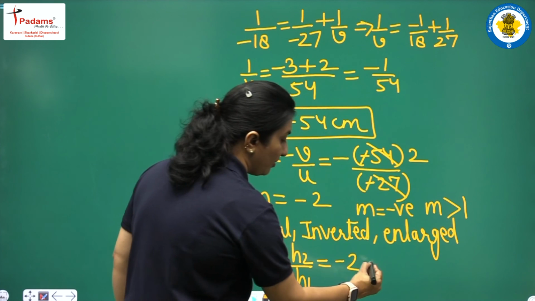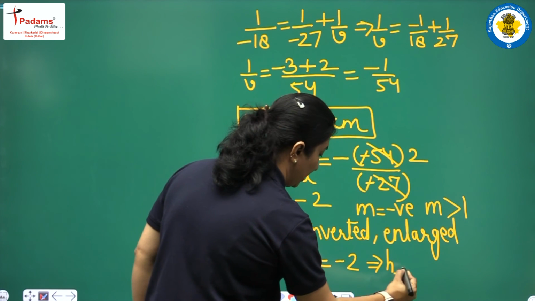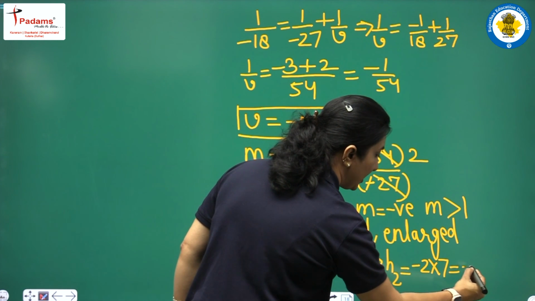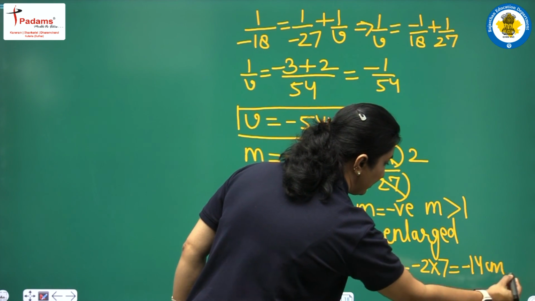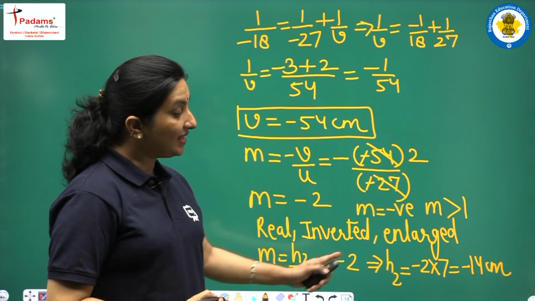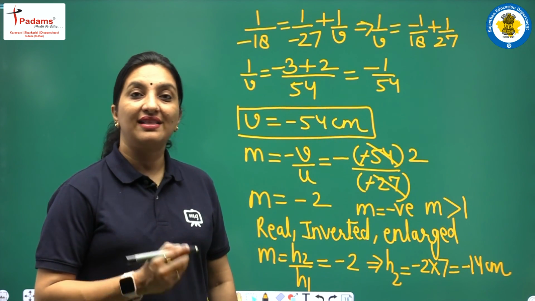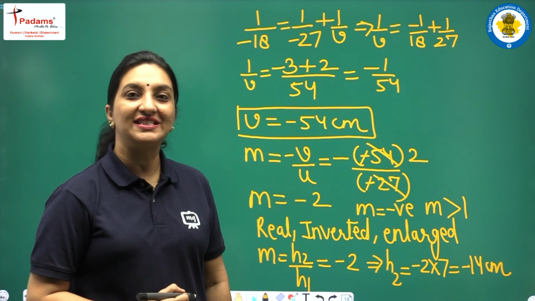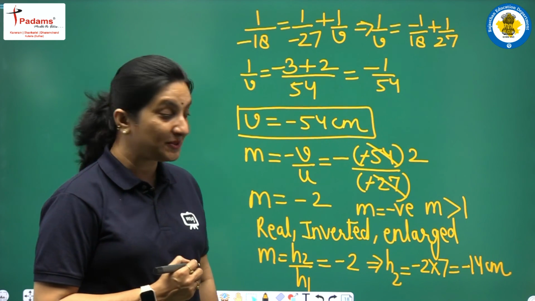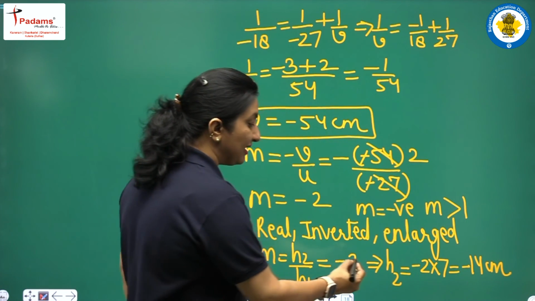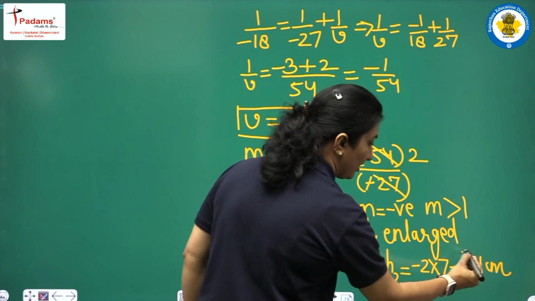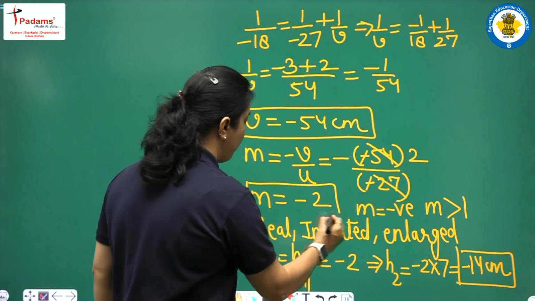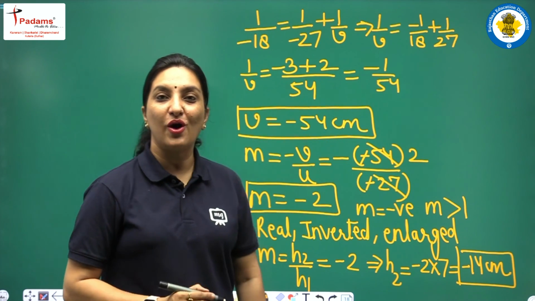So from here h2 will become equal to minus 2 into h1, which is 7. So what we get is minus 14 centimeters. Now this negative value indicates that the image is inverted. That is, we have to measure the distances below the principal axis. So here students, we have calculated the value of h2, we have calculated the value of m, and we have calculated the value of v.